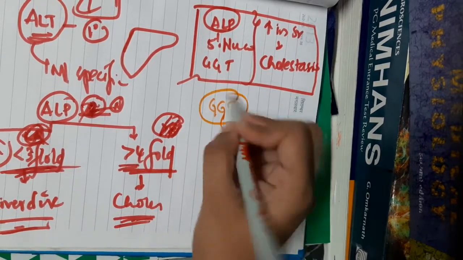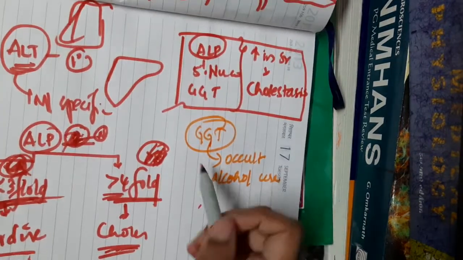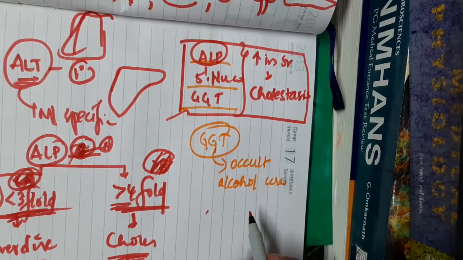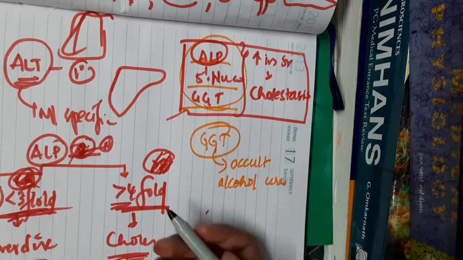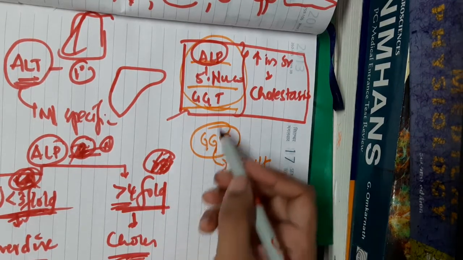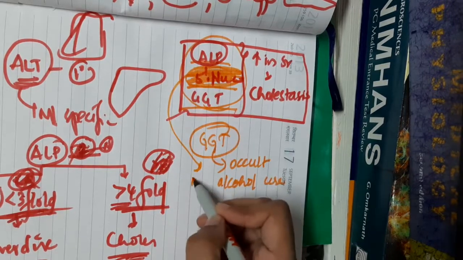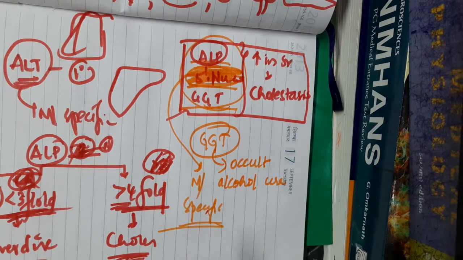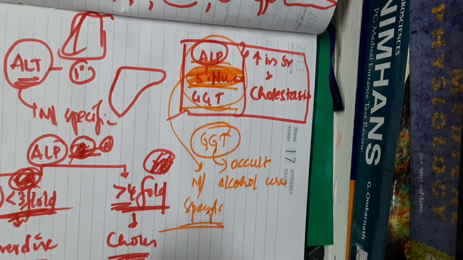For cholestasis, among ALP, 5-nucleotidase and GGT, 5-nucleotidase is the most specific, followed by ALP, followed by GGT.